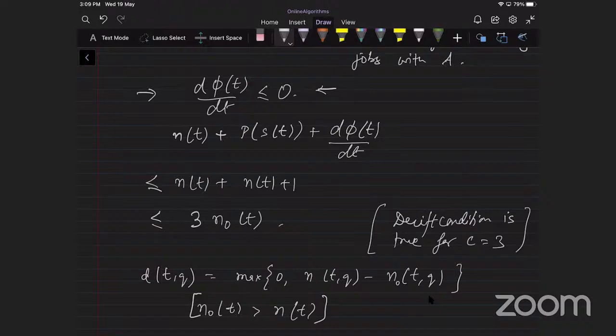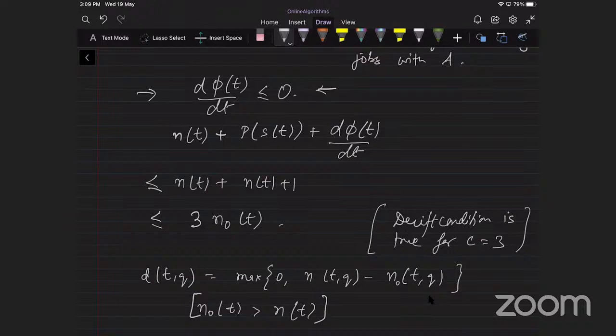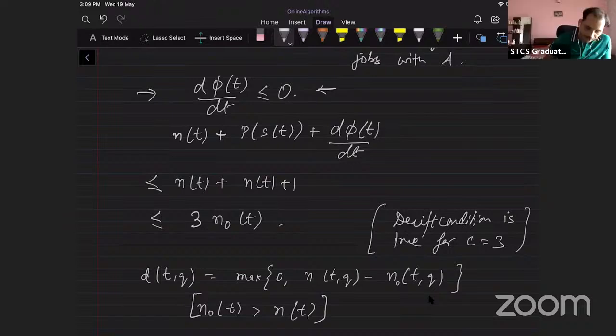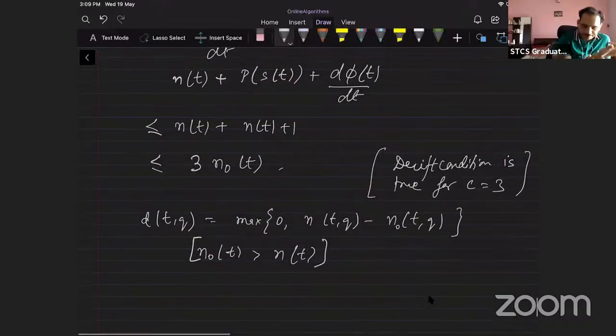d of tq could be 0 for... Why? So we don't know if n0 of tq is greater than n of tq. Yeah, but think about it. You're on the right track.